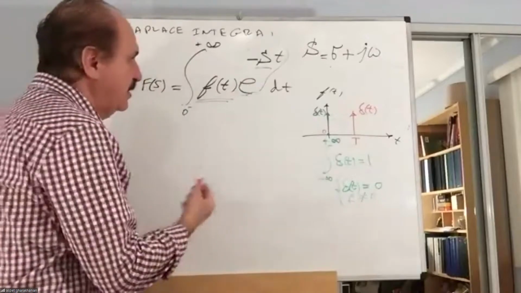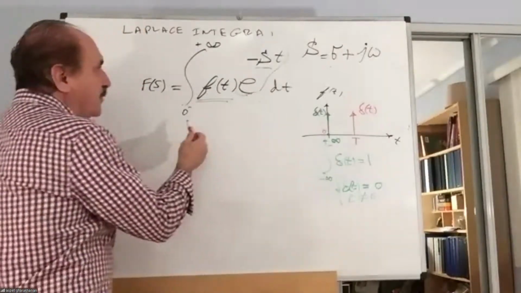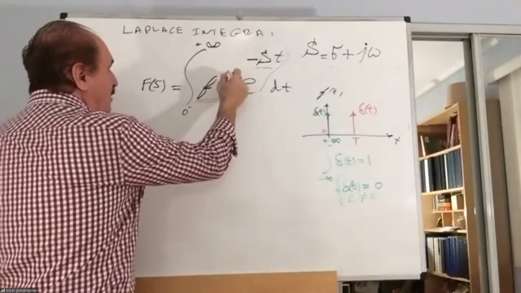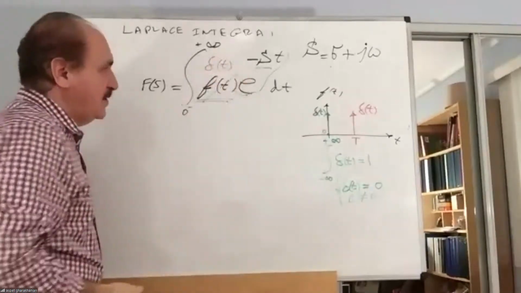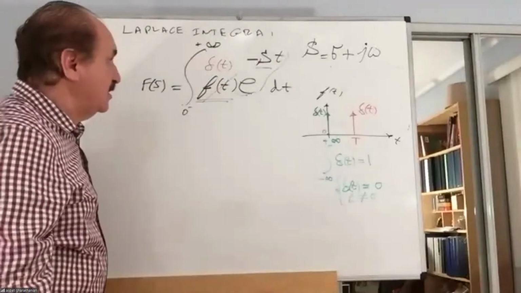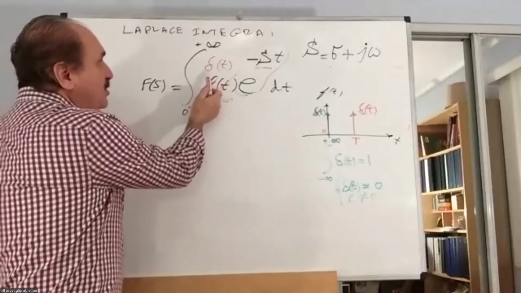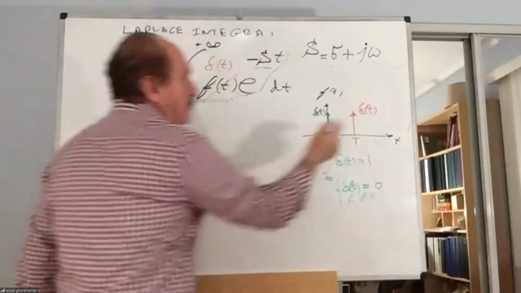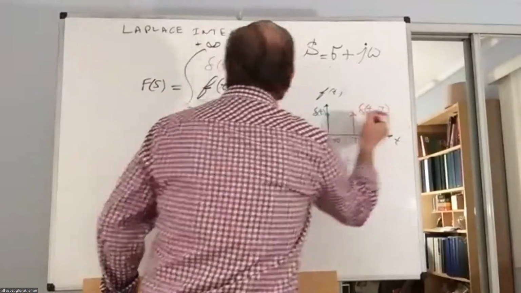Okay, let's look at, again, the definition. The function, we erase this and we post delta t. Here, you have a delta t sitting there and you want to integrate to get its Laplace transform. We should call it actually delta of t minus T, to be correct here.